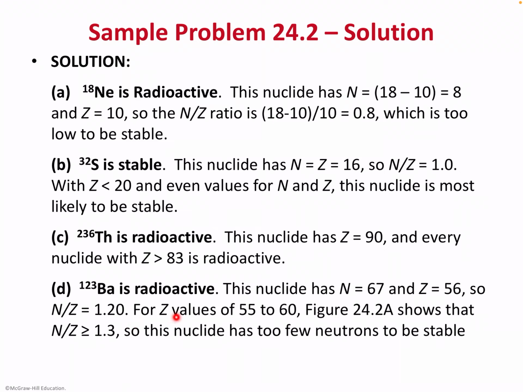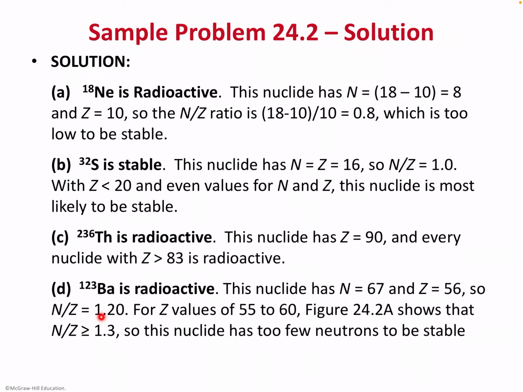For atomic numbers, the Z values, 55 to 60, the figure that we had seen of the band of stability shows that between 55 and 60, in order for the atoms to be stable, the N over Z value needs to be equal to or greater than 1.3.